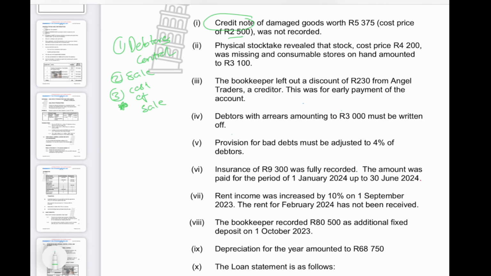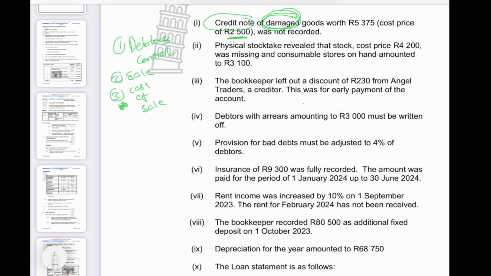So now this 2,500, if the goods were not damaged, we were going to add it into the trading stock to say that the goods have been returned back into our trading stock, but now they are damaged. Okay, which means now we have to show that we don't have the stock anymore in our business, since we can't sell it anymore.